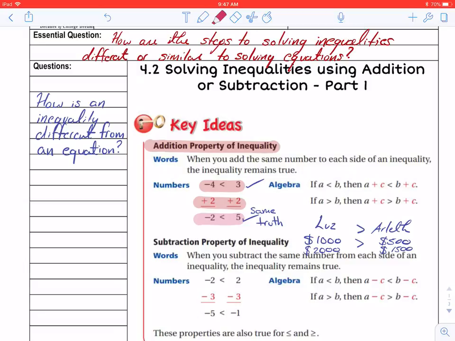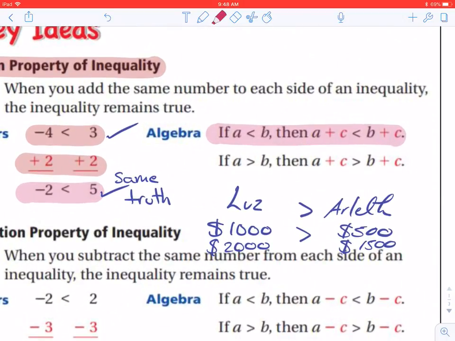Now, in algebra form, this is read as, if A is less than B, then A plus C is less than B plus C. So if A and B are two different numbers, then adding C to both of them, adding any number to both of them, remains true. The A plus C is still going to be less than B plus C. And then here we've got the opposite.